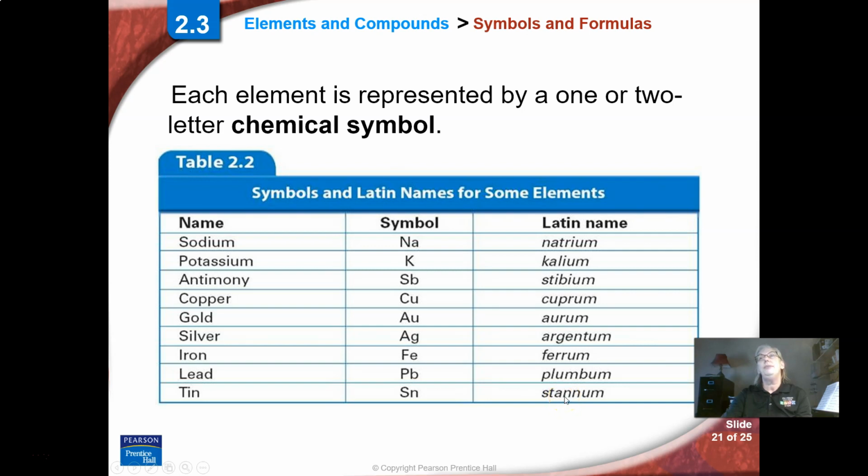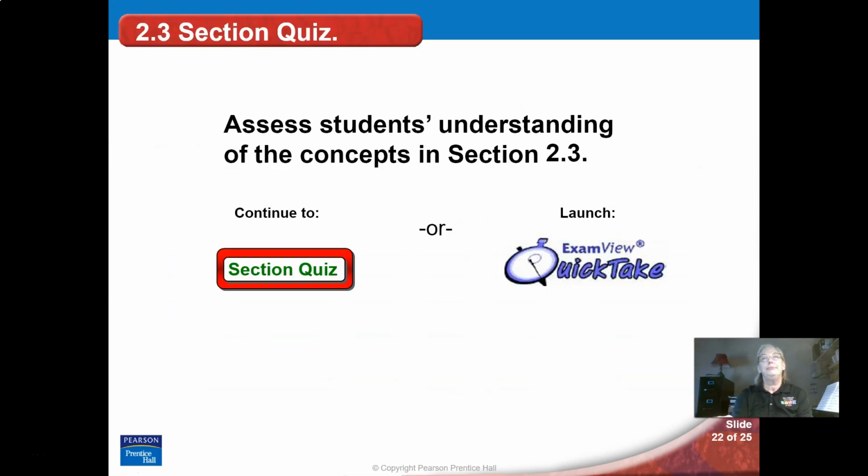Since it's been used forever, we just continue using a symbol based on that Latin name. People have known about gold forever. A long time ago, they called it aurum in Latin, way back in Rome. So we still use that symbol because people were used to these words. Some of these words are strange because they're from another language, but we still honor those names.